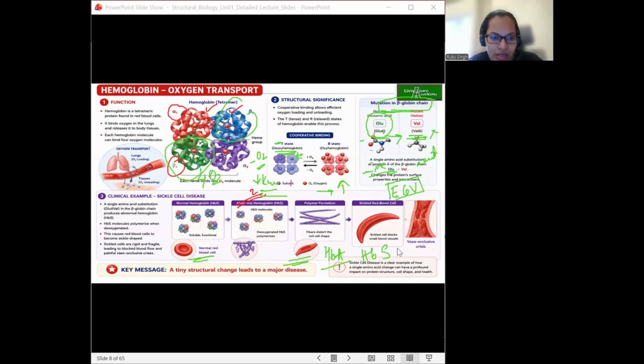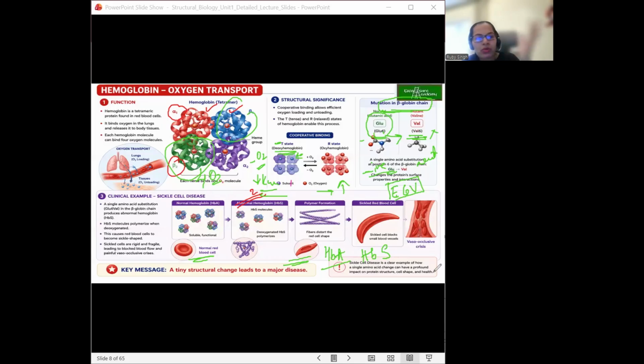Now what happens over here? The major problem is that it is deoxygenated and is not going to carry any oxygen. The deoxygenated hemoglobin is going to interact abnormally. They are not going to have a proper quaternary structure, which a hemoglobin usually has.